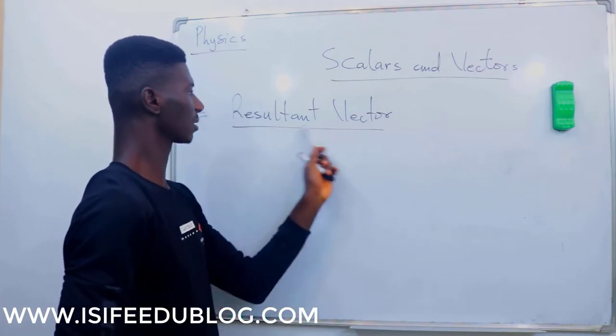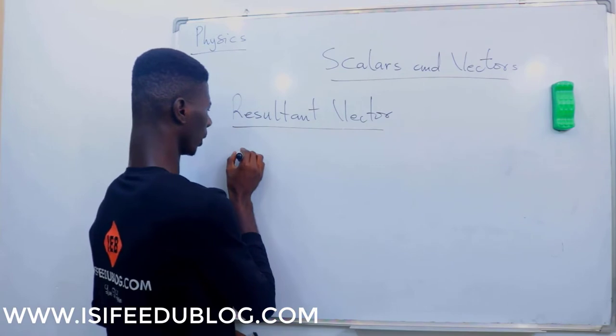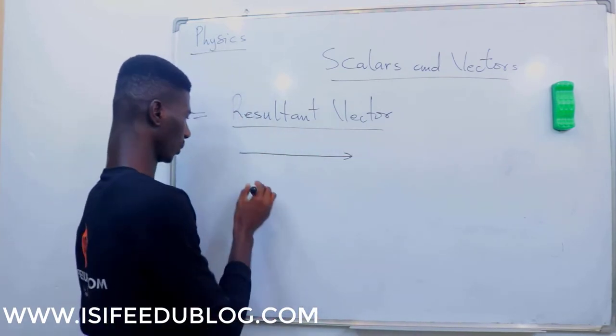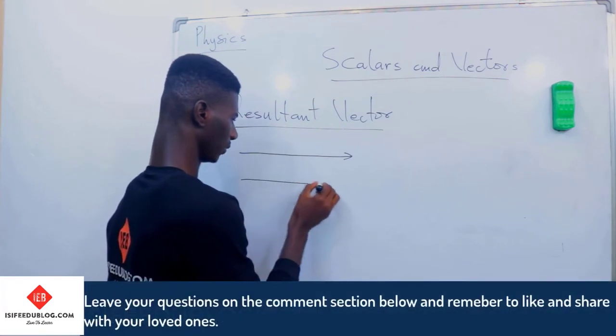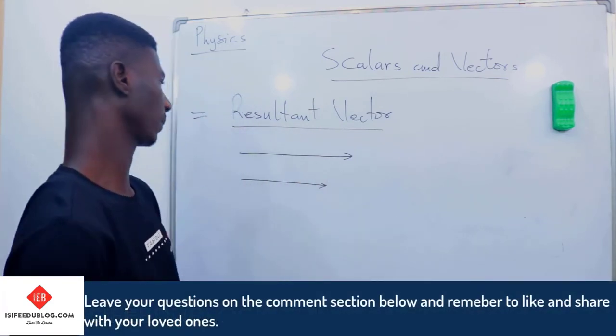Now, since a vector has a direction, say we have a particular vector moving in this direction, and another vector moving in the same direction but with a different magnitude.